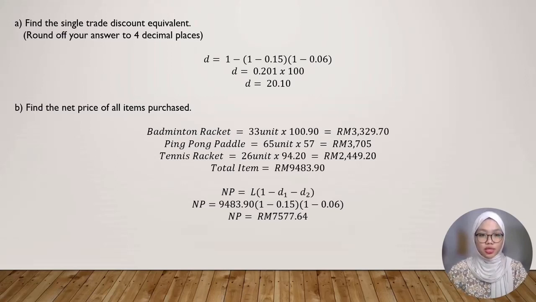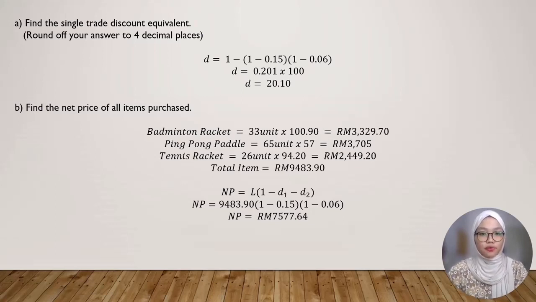The last item is tennis racket equal to 26 unit multiplied by 94 ringgit and 20 cent equal to 2,449.20, and the total item is 9,483 ringgit and 90 cent.